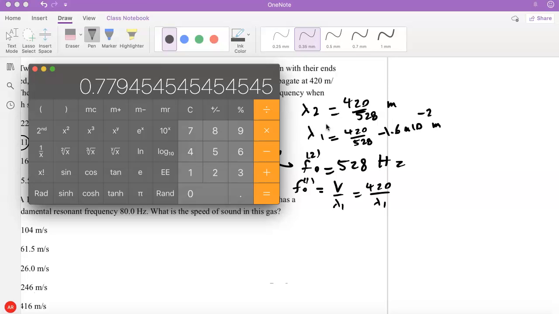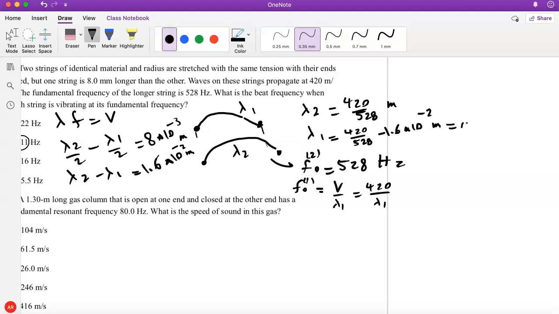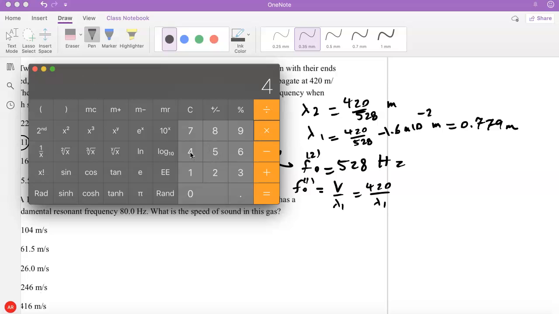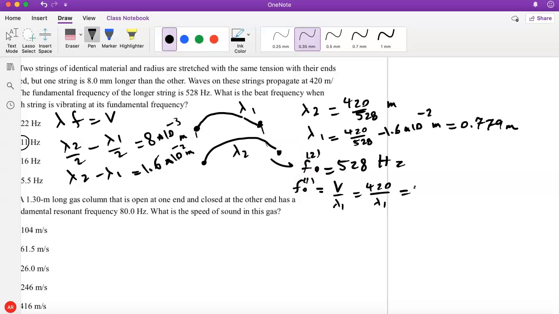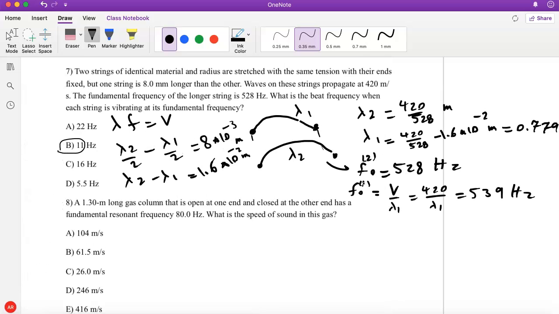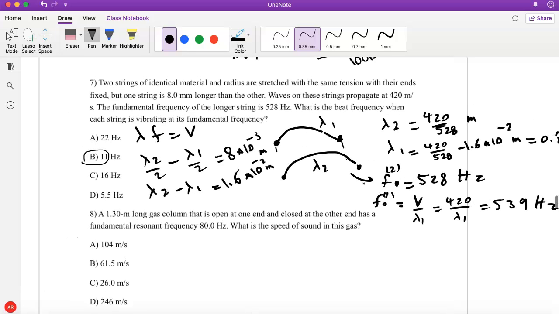Okay, so that's going to be this number over here, 0.779 meters. Now we want to divide 420 by this. So let me find its inverse and multiply by 420. So it gives me 539 hertz. And then the beat frequency, which is the difference between these two frequencies, is going to be 11 hertz.